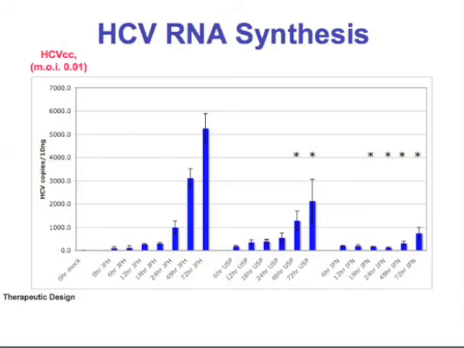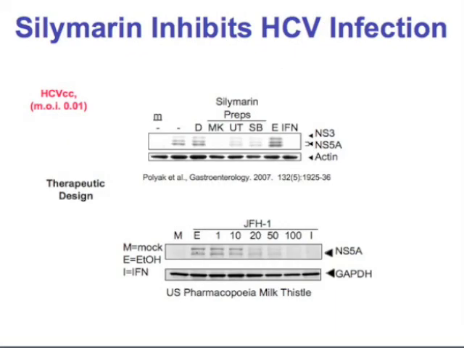So here is just looking at the kinetics of infection of cells with JFH1 virus, the HCV-CC virus. If you treat with interferon, you cause this robust suppression of viral RNA accumulation. And silymarin also blocks viral RNA accumulation, but its kinetics are considerably delayed with respect to interferon and not as pronounced. And you can do these really cool experiments.